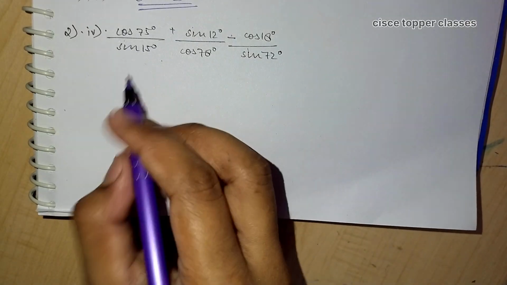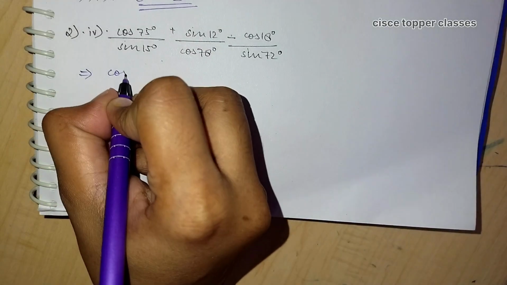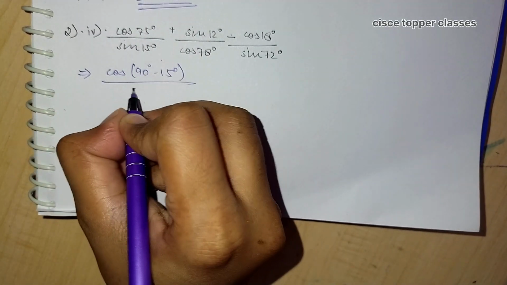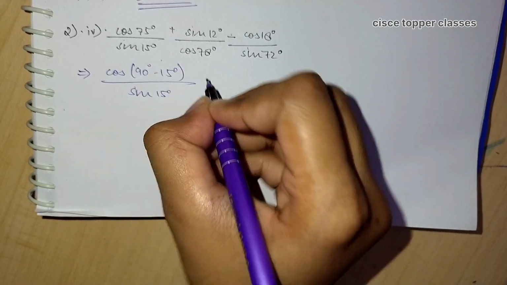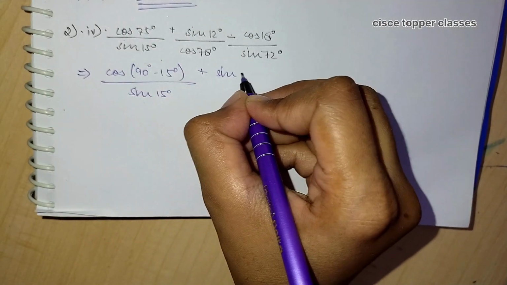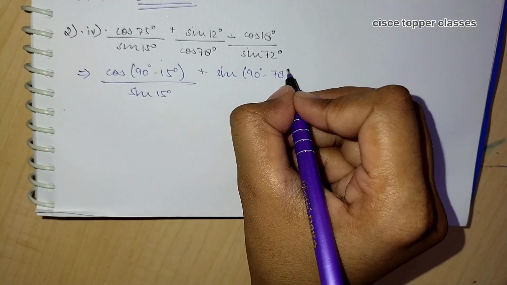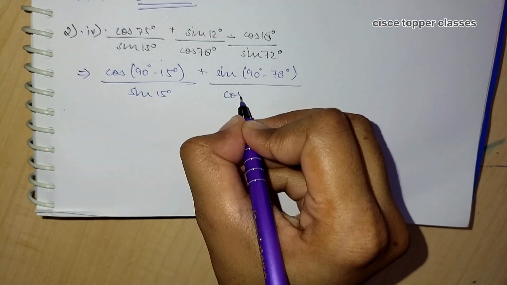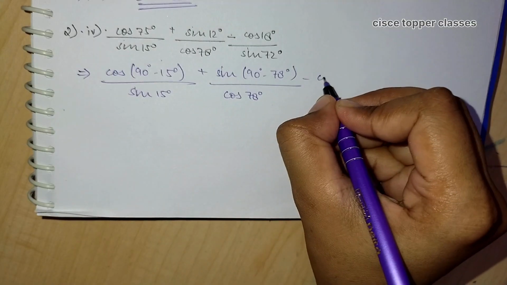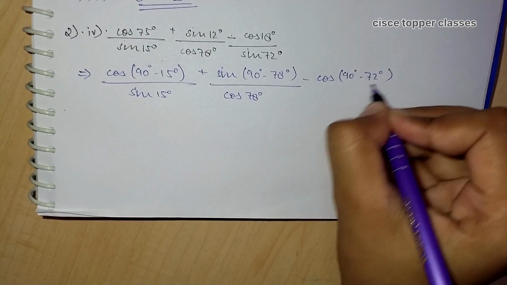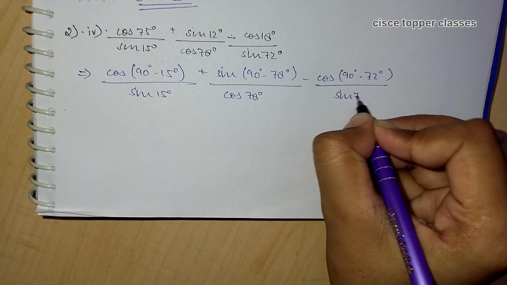Let's solve question number 2, fourth part. So we can write cos 75 degree as cos (90 minus 15 degree) divided by sin 15 degree plus sin 12 degree as sin (90 minus 78 degree), this will be sin 12, and here cos 78 degree minus cos 18 degree as cos (90 minus 72) divided by sin 72 degree.